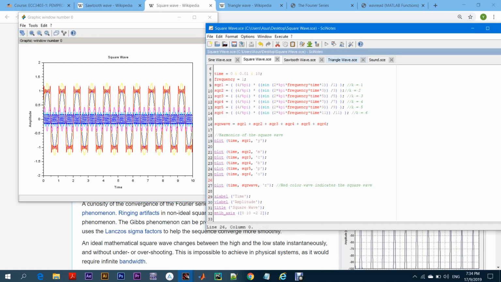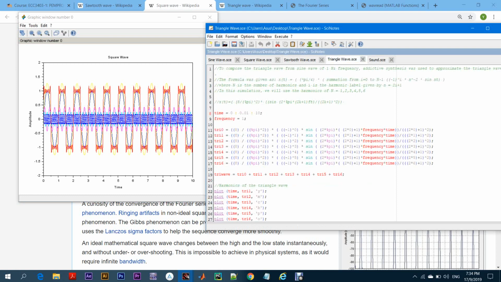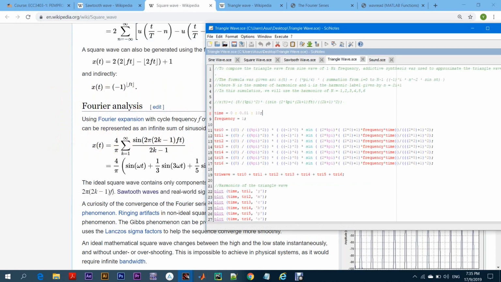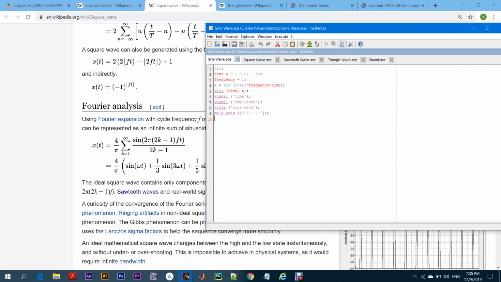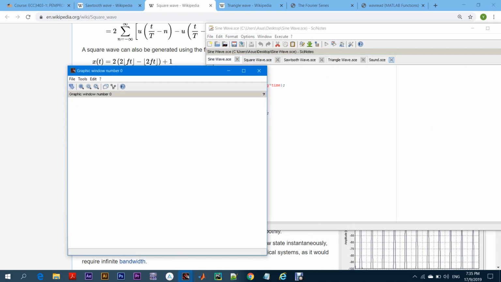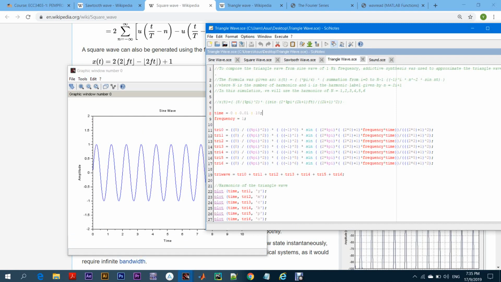And then same goes with the triangle wave, which is given the formula x(t) equals 8 over pi squared times the summation of sin(2π(2k+1)ft) over (2k+1) to the power of 2. And then substitute the harmonics k equal to 0 until 6 into the formula and sum up all the harmonics, and we will get the triangle wave, which looks something like this.